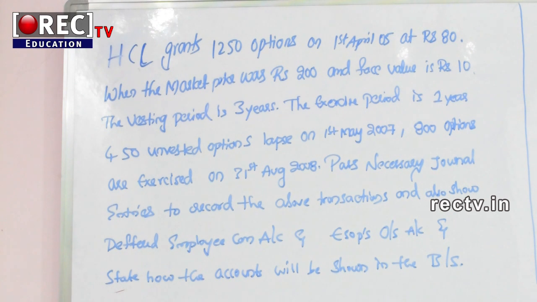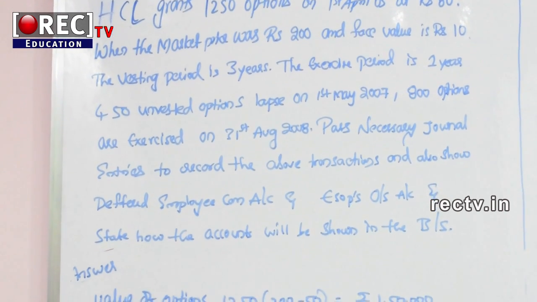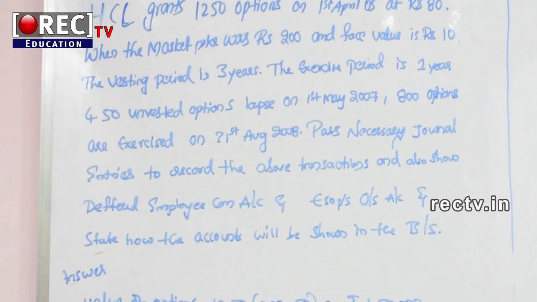Here 450 options lapsed on 1st May 2007 and 800 options were exercised on 31st August 2008. Pass necessary journal entries to record the above transactions, show the deferred employee compensation account and ESOPs outstanding account, and state how the accounts will be shown in the balance sheet.